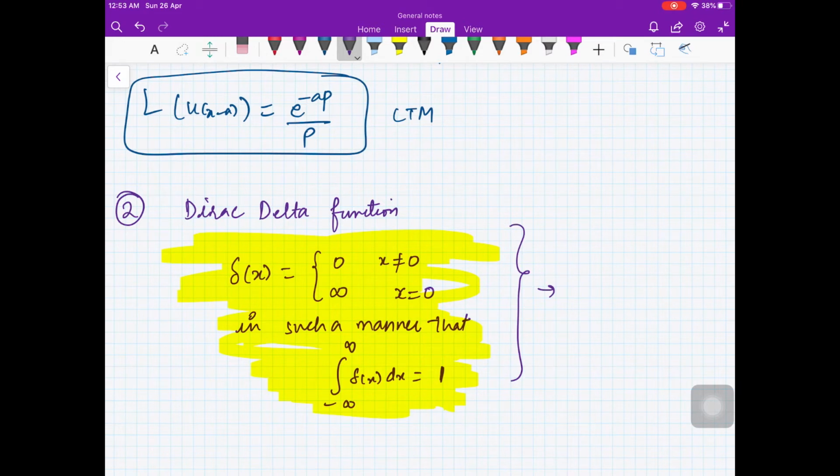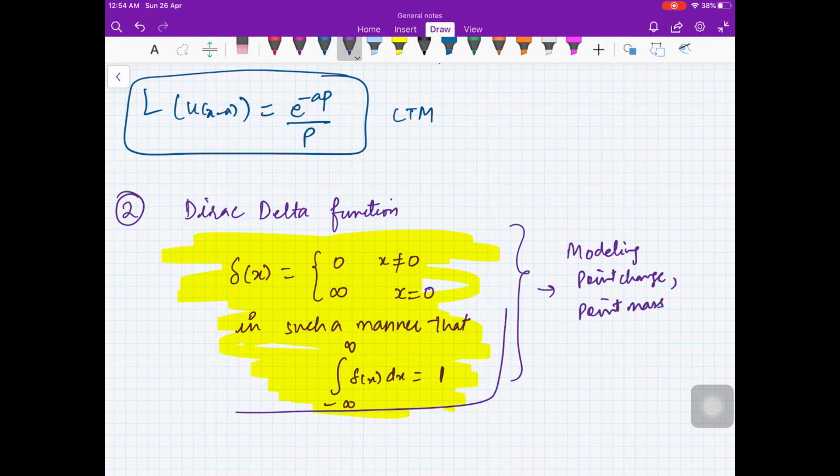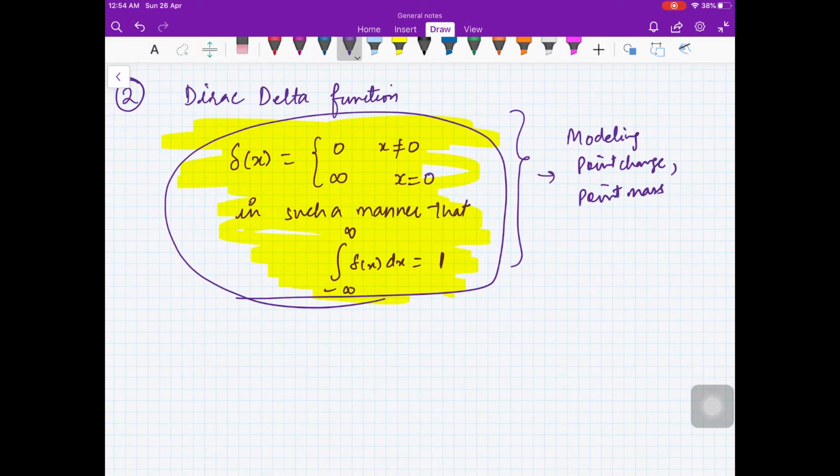Because this function is used to model many situations, like a unit mass or a unit charge, so a point mass, point charge. For modeling a point charge, which is at only one point, this function is useful. Anyways, let us not talk about whether this function exists or not.